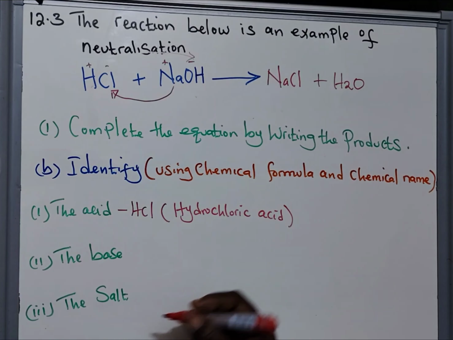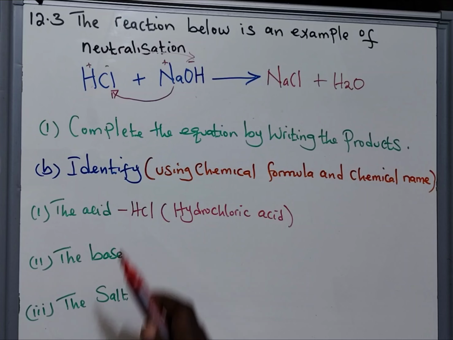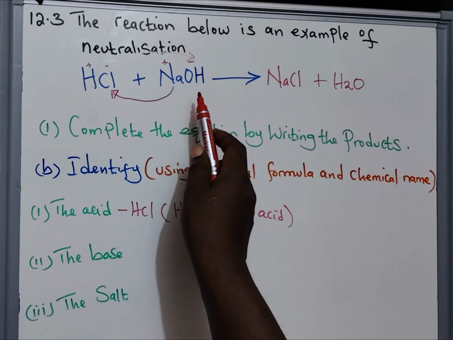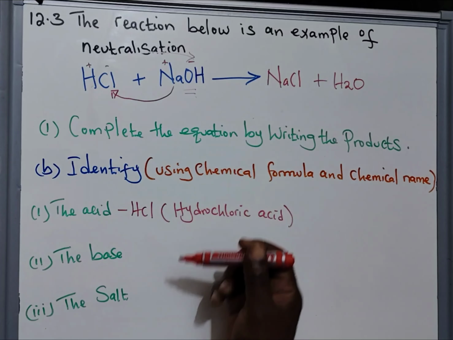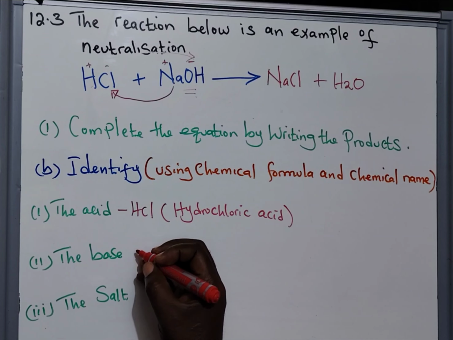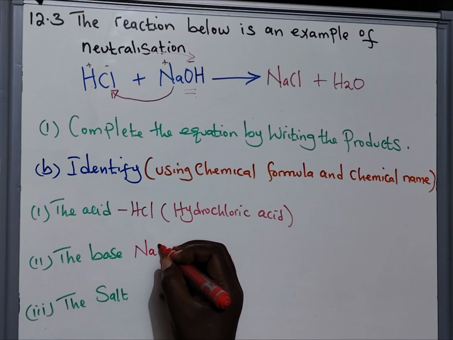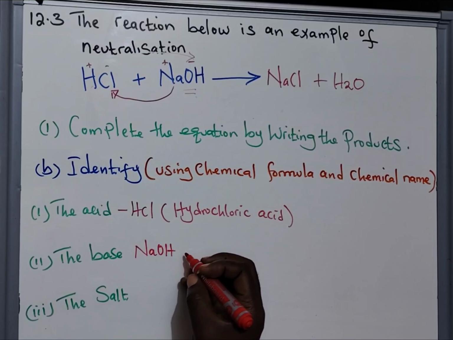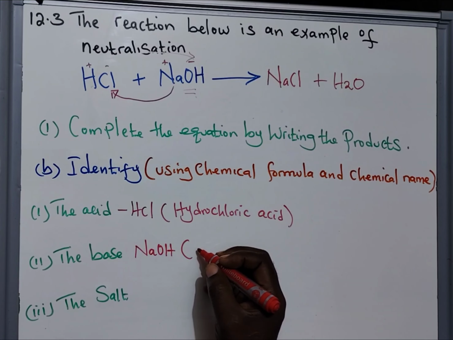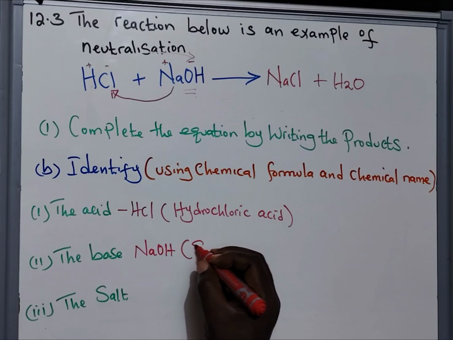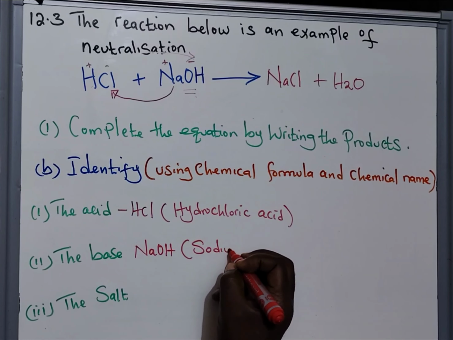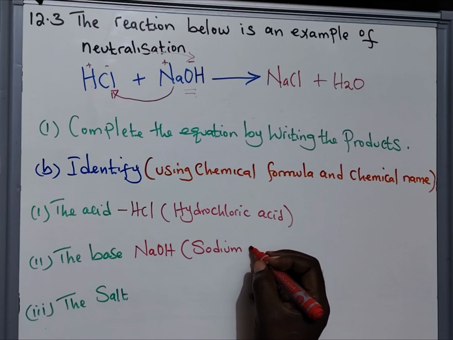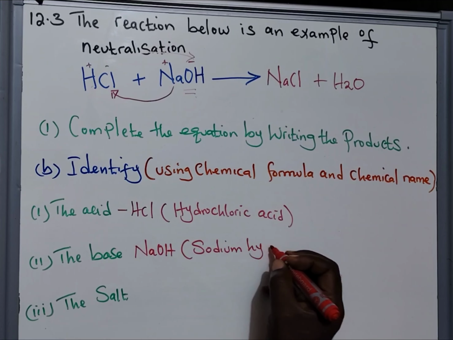Okay, so that's the acid. How about the base? The acid reacts with the base during neutralization, so this is the base. And the chemical formula for the base is NaOH, whose chemical name is sodium hydroxide.